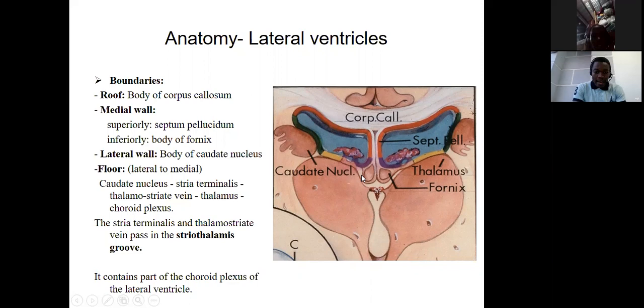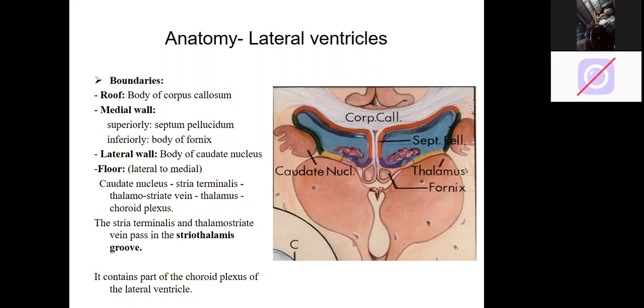The stria terminalis and the thalamostriate vein pass in the striothalamic groove. So most often it will be a little bit difficult to see directly the stria terminalis and the thalamostriate vein. What will be represented will be the striothalamic groove.